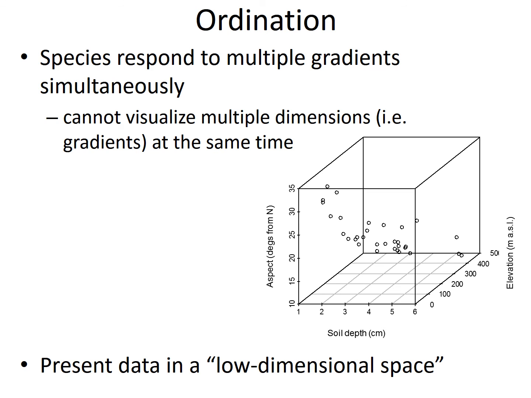And this is where ordination is useful. It allows us to present data in a low-dimensional space. What do we mean by that? Well, it means that even though we can't visualize 4 dimensions, ordination can use information from 4 or more dimensions to summarize what's happening within a community.